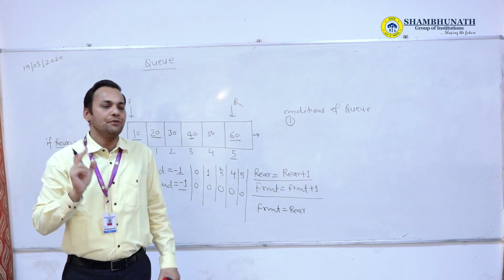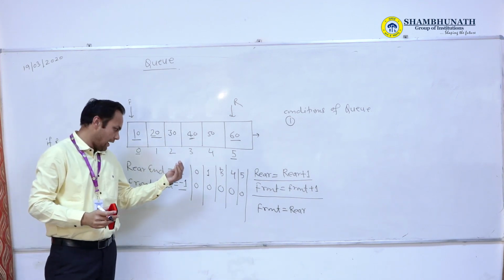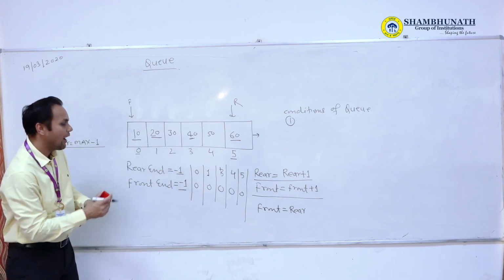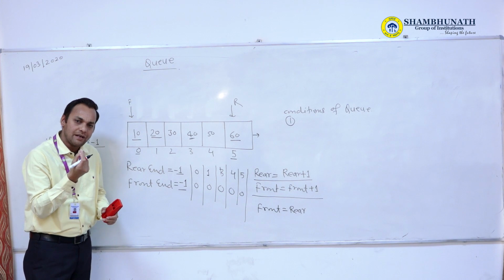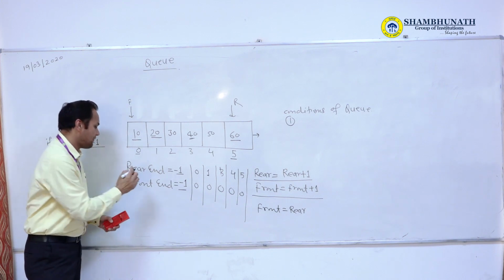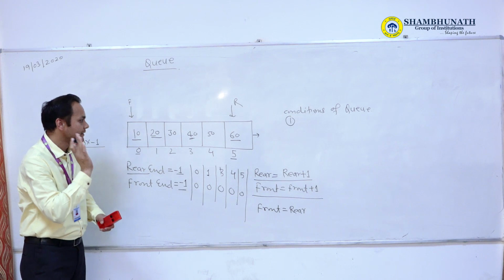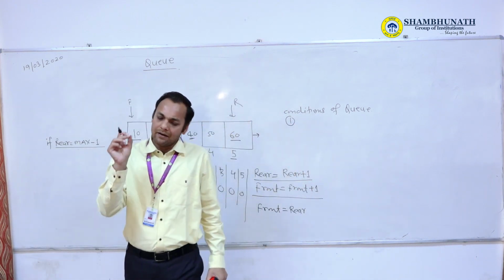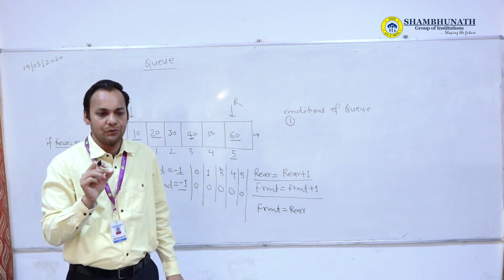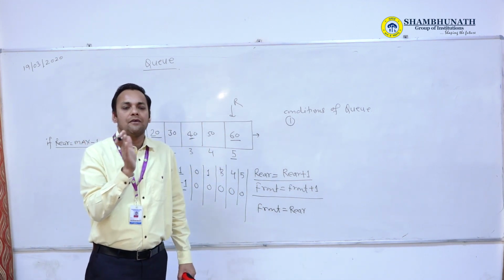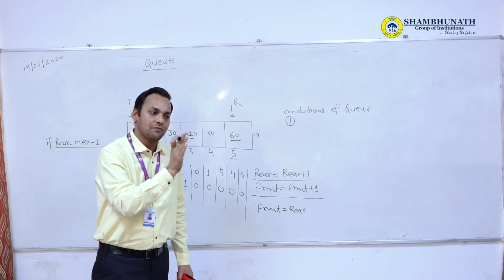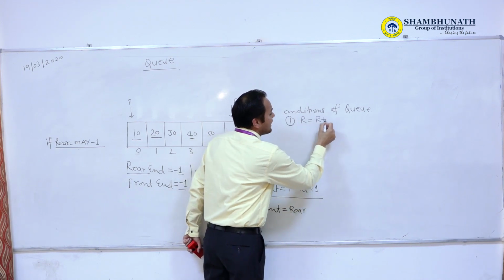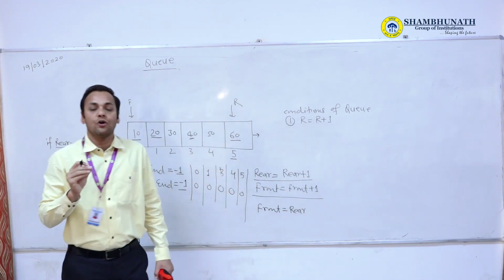Condition number 1 after the queue: I already discussed in this diagram how to increase the position of rear. If we are inserting an element into the queue, only the position of rear changes, and rear equals rear plus 1. How to know the overflow condition?